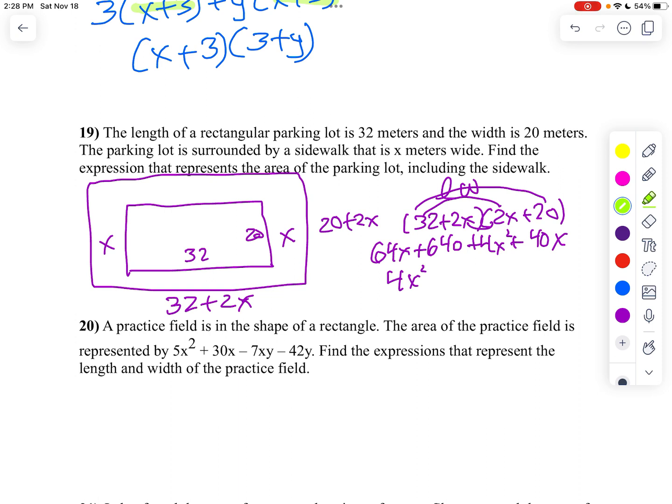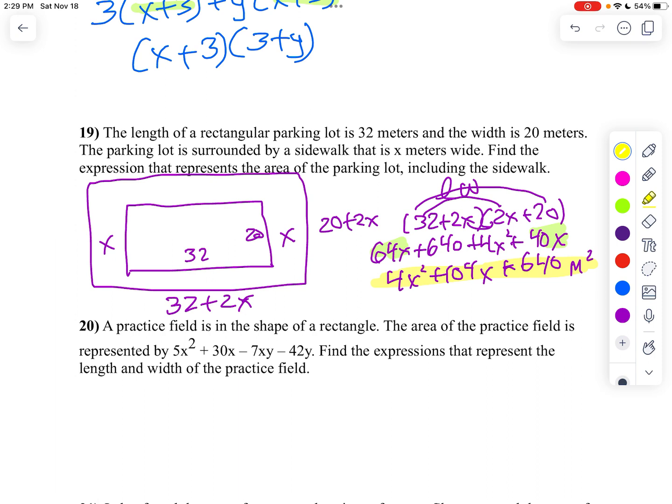And then we can add 64 and 40. That would be 104x plus 640. And that will be square meters. Don't forget your units when we are doing application problems, or in this case, area problems.